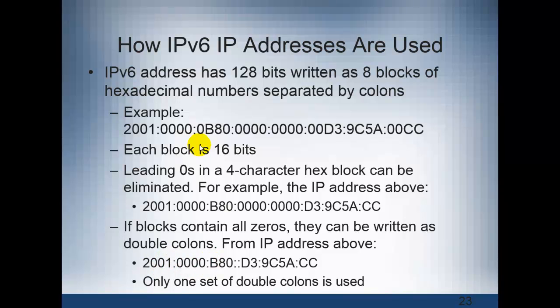But we remove the leading 0 from up here, we put a double colon for our 2 blocks of zeros, and then we remove our leading zeros in this block. We keep this block the same, and then we remove our zeros in the last block. That is how we can rewrite our IPv6 addresses to make them more manageable.